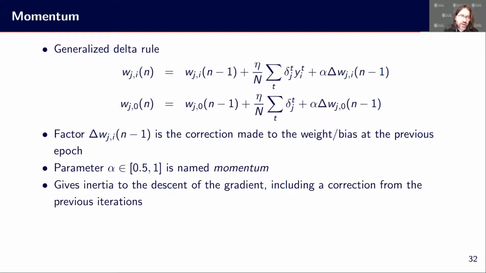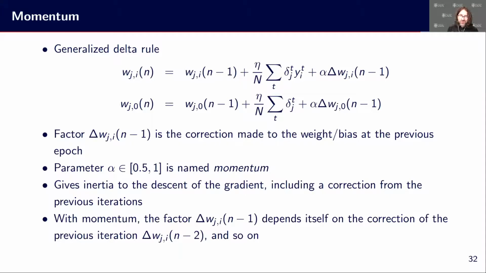So it gives some kind of inertia to the gradient descent as it includes the correction from previous steps. So we smooth out, because you can see that maybe corrections will be contradictory, and the point of using a momentum will smooth it out and get us to make updates in a direction that is coherent with the previous updates that we have made so far.